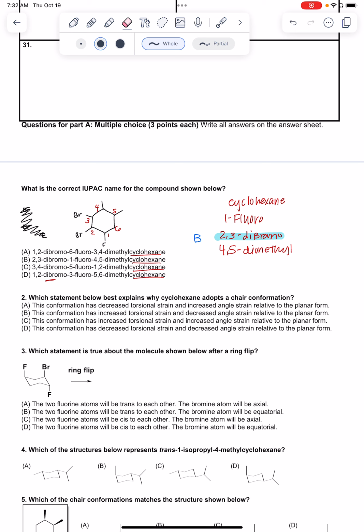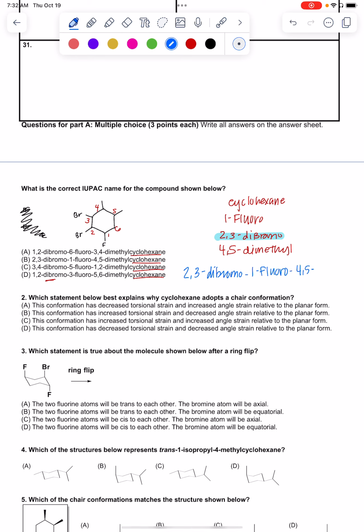So we've got B, we've got an F, and we've got an M. So B wins, then F, then M. So we should have, let's see, 2, 3 dash dibromo dash, I'm sorry, fluorine's next, dash 1 dash fluoro dash 4, 5 dimethyl cyclohexane. All one word, couldn't fit it.